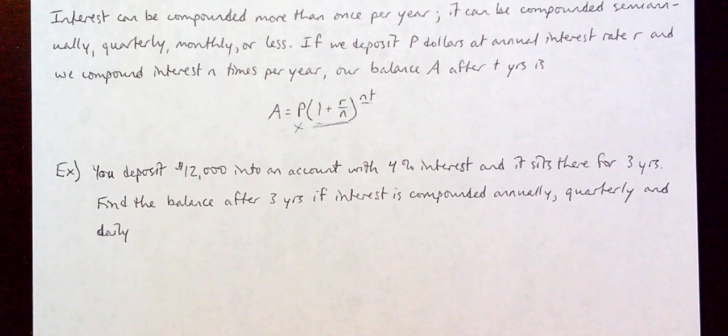We are going to deposit $12,000 into an account with annual interest rate of 4%, and it's going to sit there for 3 years. We're going to find the balance of this account after those 3 years if interest is compounded annually, quarterly, and daily.